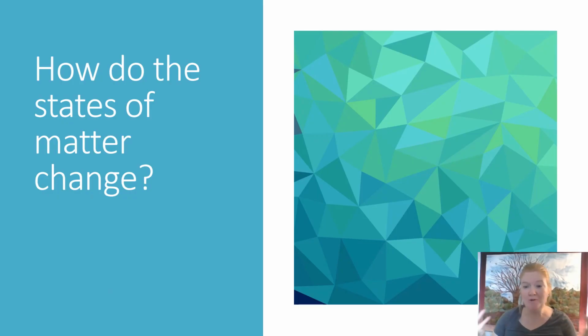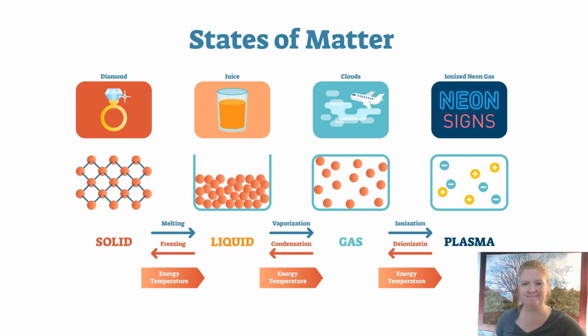Okay, so how do the states of matter change then? Okay, so plasma is included here, but we're not going to talk about it beyond this point because we're not going to be able to experiment or view that in lab itself. Okay, so plasma, so much heat, so much energy has been added that the electrons are freely moving around.